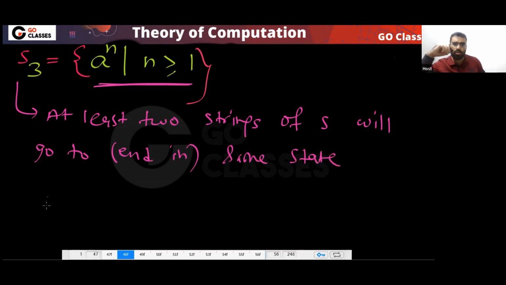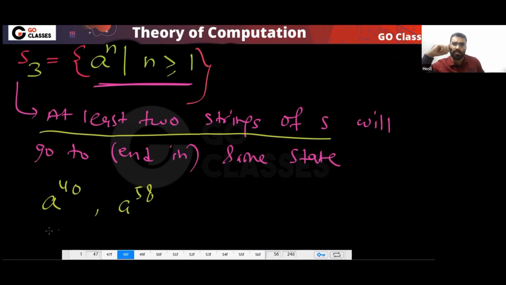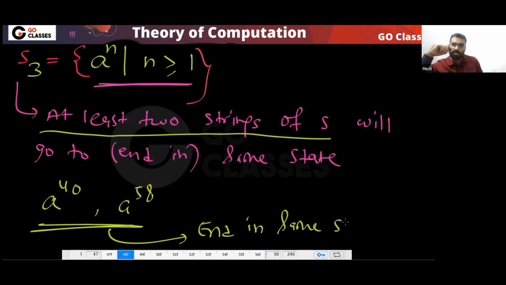So you can notice what those are. For example, look at these two strings, A power 40 and A power 58. They will end in the same state, and that is state number 1.